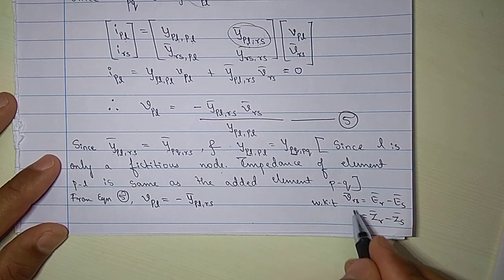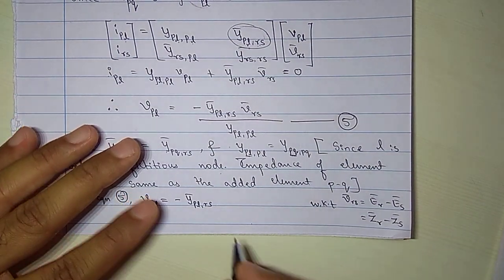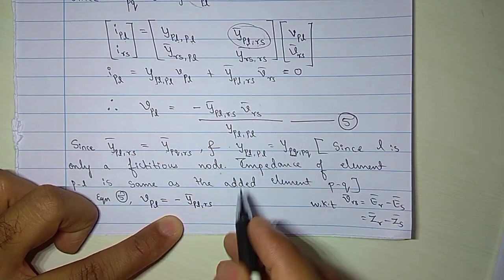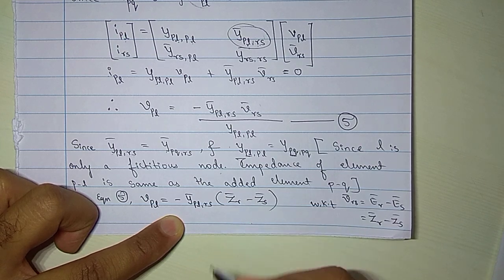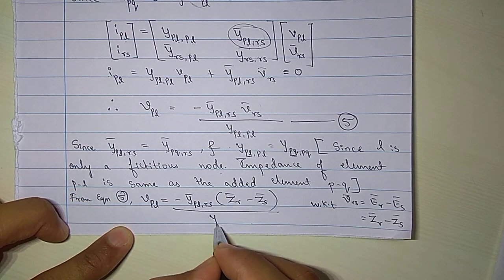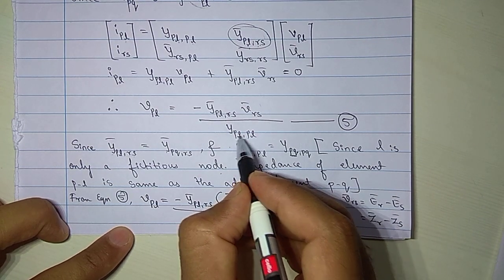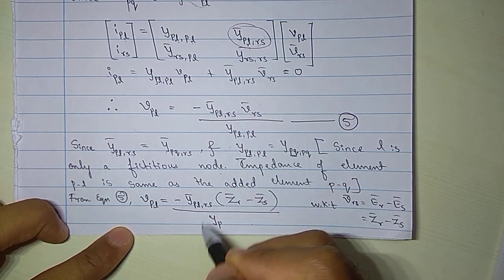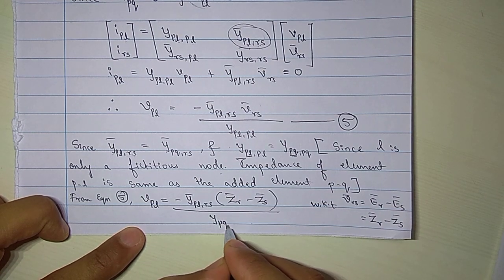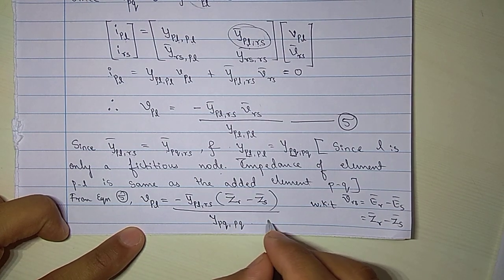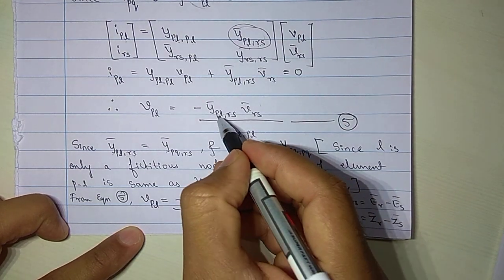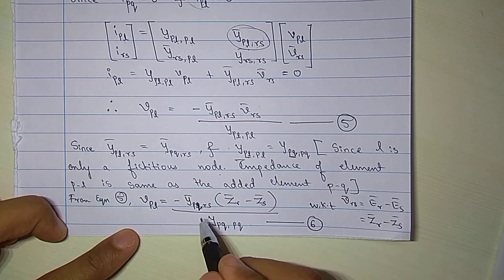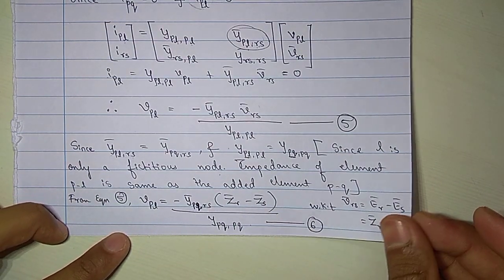So I'll replace this VRS by ZR minus ZS, whole divided by Y. This is PL. Now I am writing this in terms of PQ, so it is PQ,PQ. I'll name this as equation number 6. So here also you should write it as PQ. The same thing, PL is replaced by PQ just for simplification purposes. Okay.